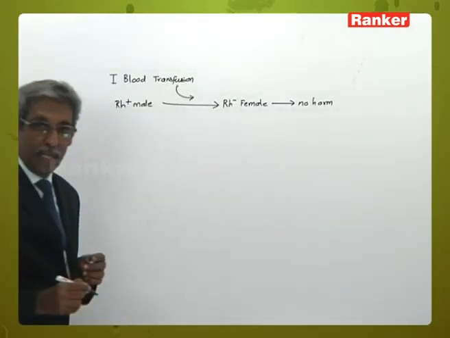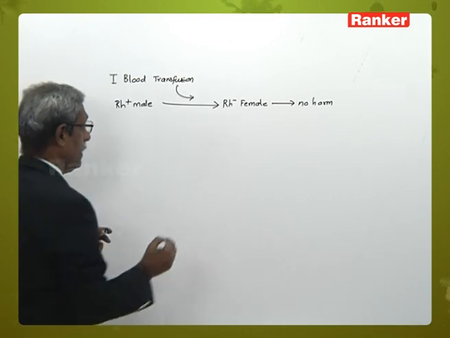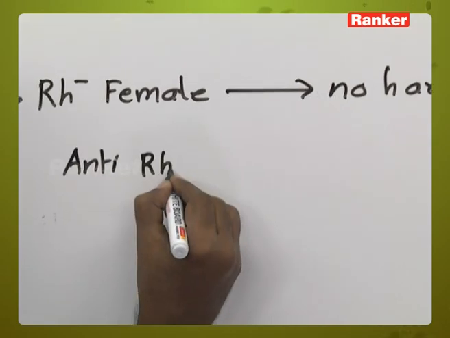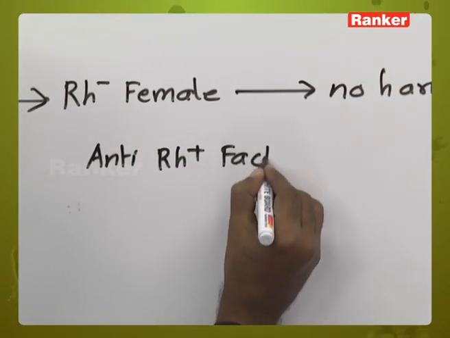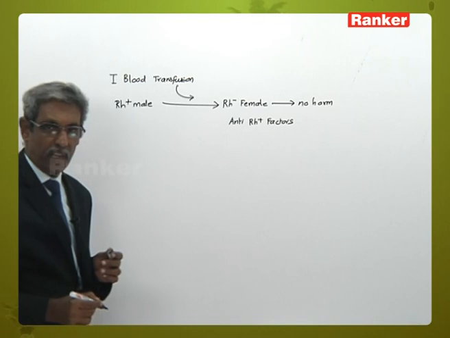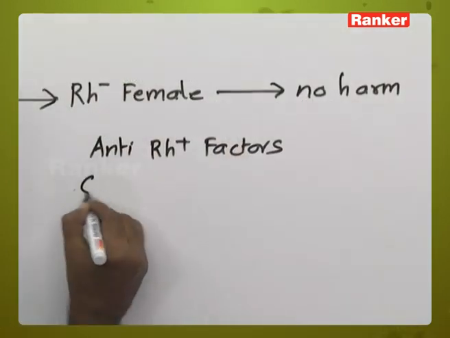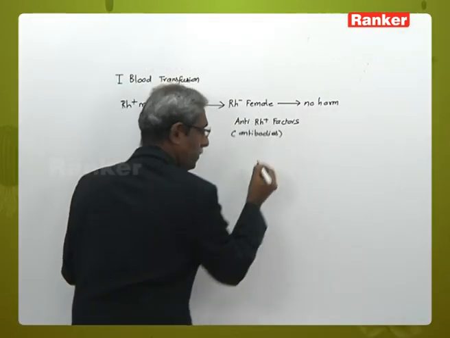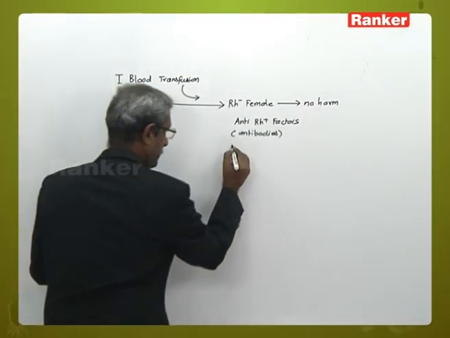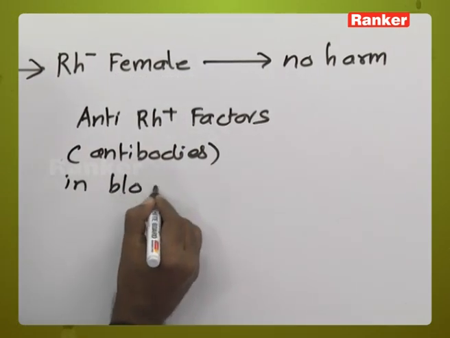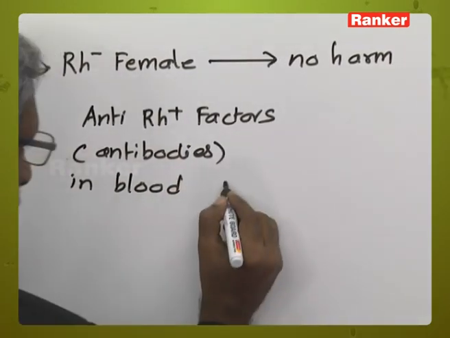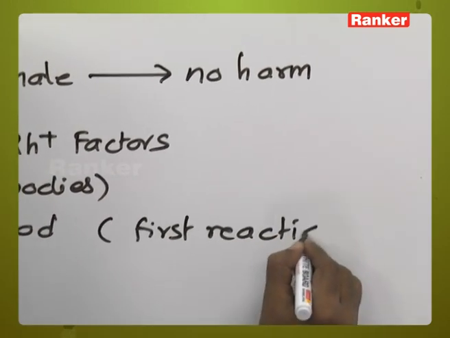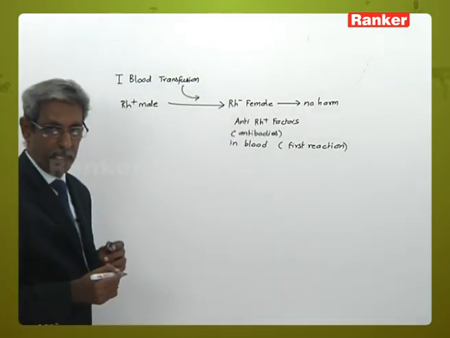It does not lead to any lethality, because the Rh minus female develops anti-Rh plus factors, or antibodies, in response to the antigen in the blood. So this is termed as the first reaction.